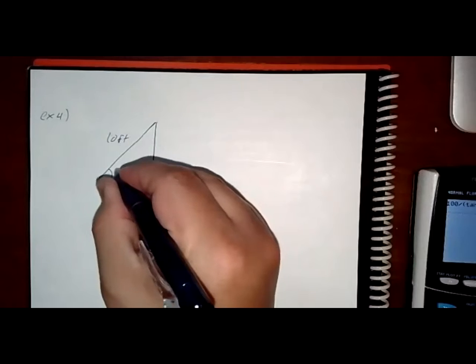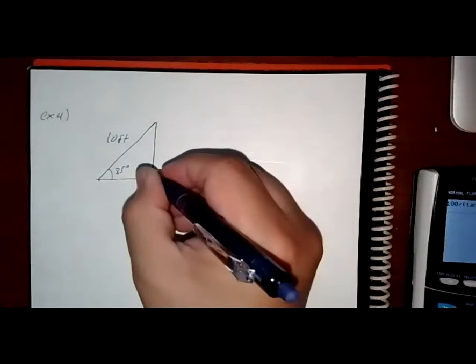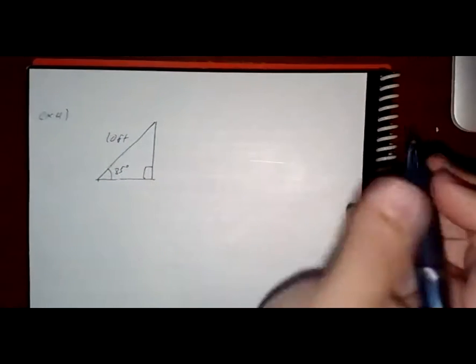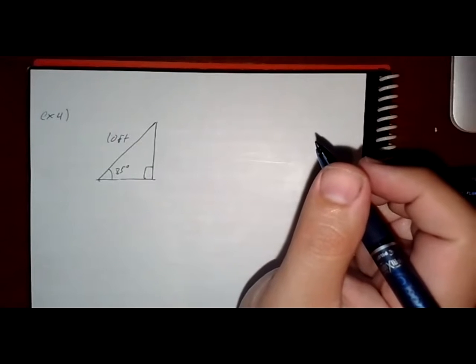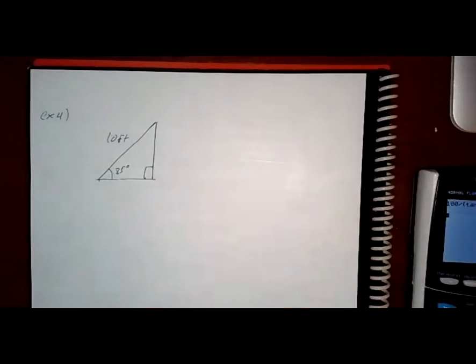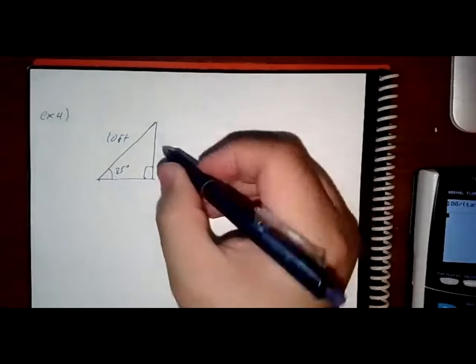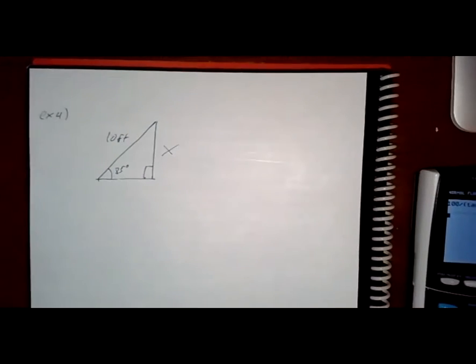So 85 degrees is the elevation angle. This is a right angle. So they want to know the height, find the height from the top of the ladder to the ground. So they want to know this side. So this is the thing they're asking for.